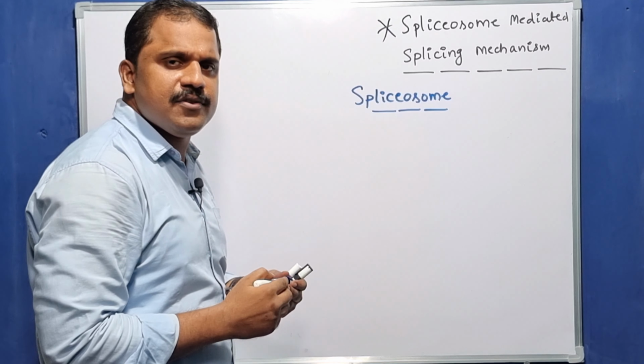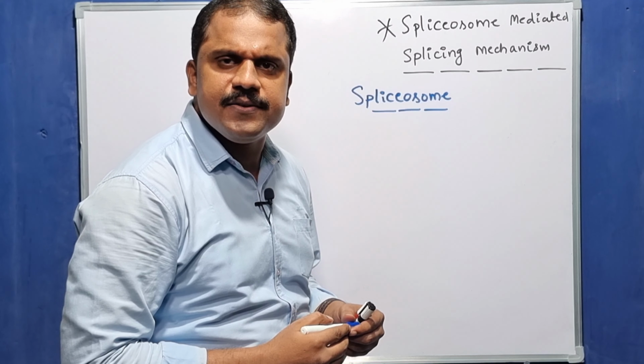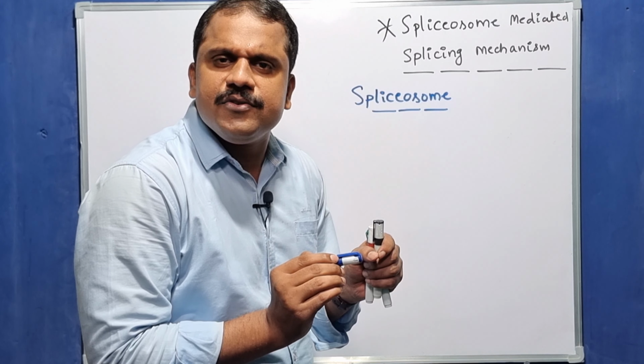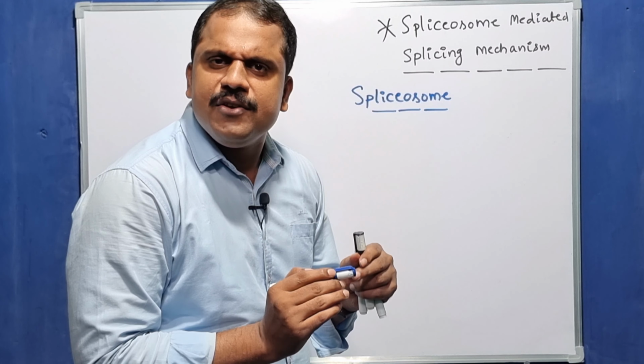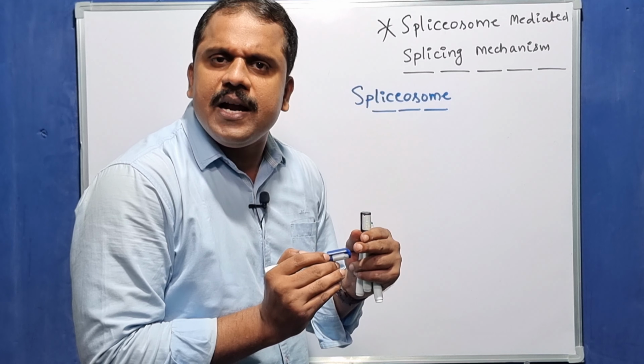So what is spliceosome, or how can we define the term spliceosome? Here the spliceosome is an association of various factors. Is it clear? So what are the various factors which are a part of the spliceosome?